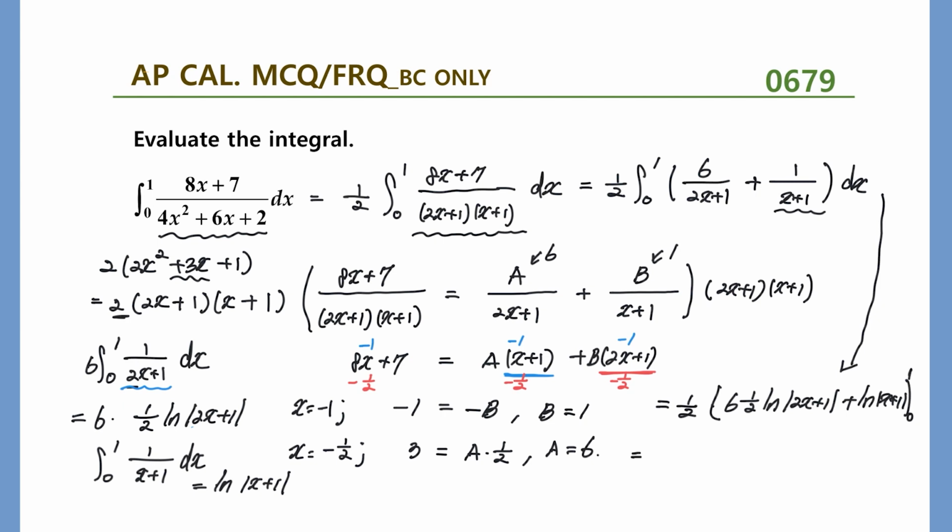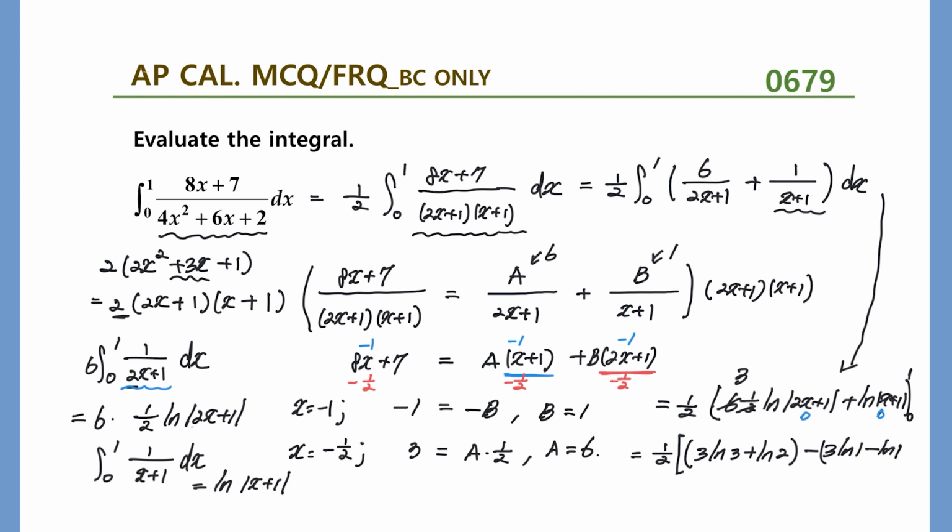So that is equal to 1/2. This is actually 3, right? 3 natural log, if we substitute 1, that's natural log 3, plus natural log, substitute 1 here, 2, minus, if we substitute 0 here, that's natural log 1, and 0 here, that's natural log 1, right? So natural log 1 is actually equal to 0, but let me write it.